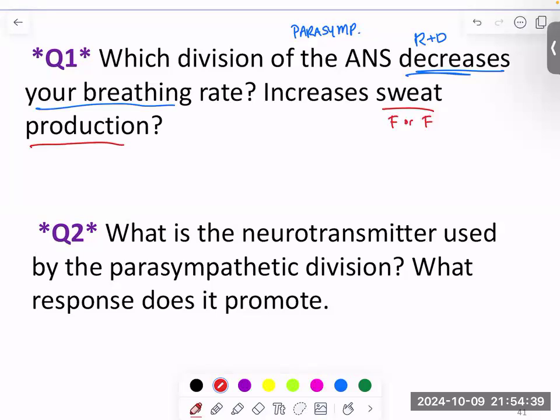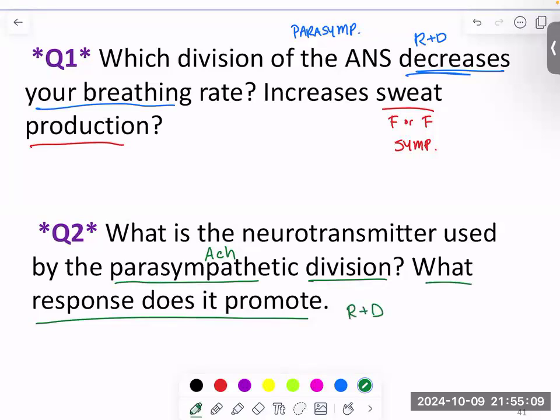Is this a sympathetic or parasympathetic response? Sympathetic. What neurotransmitter is used by the parasympathetic division? Acetylcholine. The sympathetic division? Epinephrine. What response does acetylcholine promote? What are you going to tell me? Rest and digest.